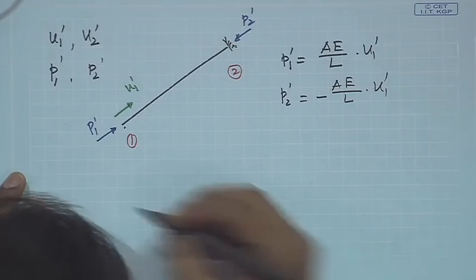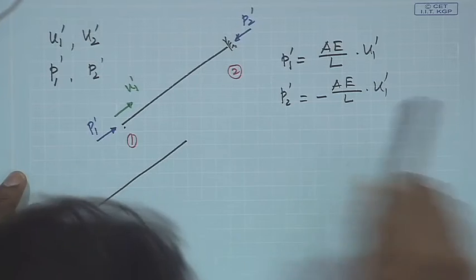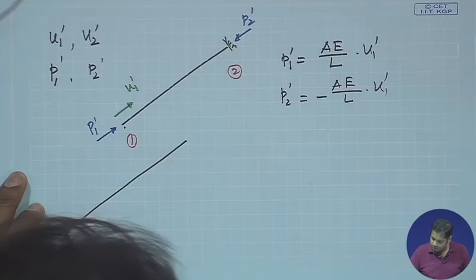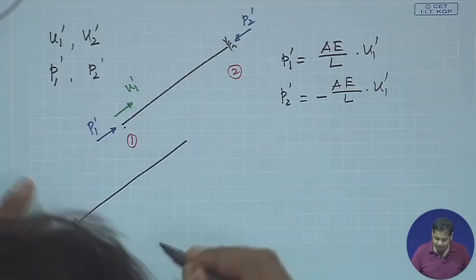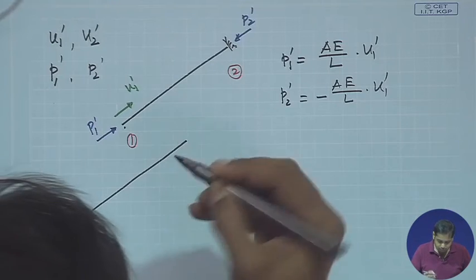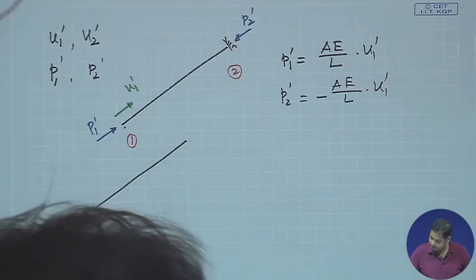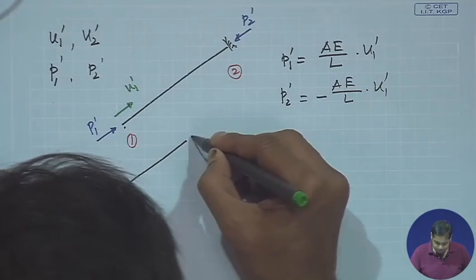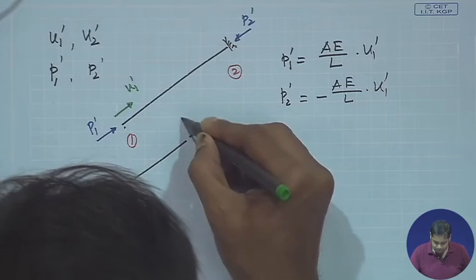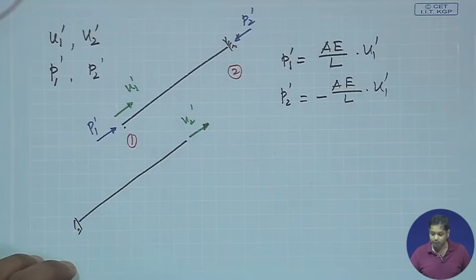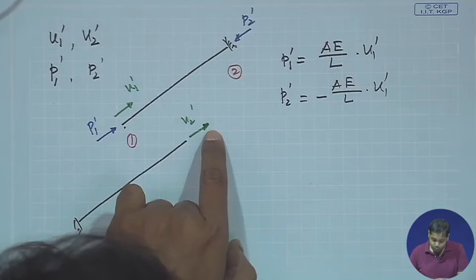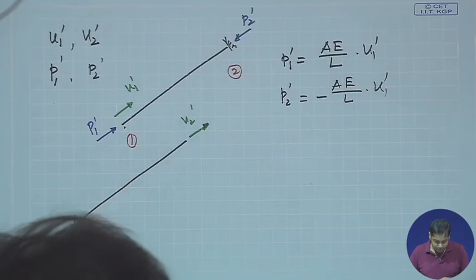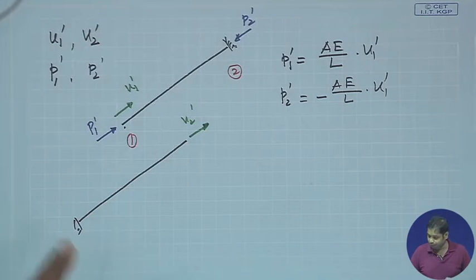Okay. So this is fixed, and similarly we have deformation U2, and the corresponding load will be P2 dash, and due to P2 dash the reaction here will be P1 dash.